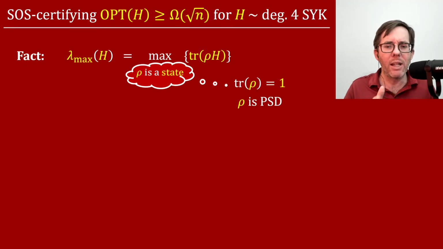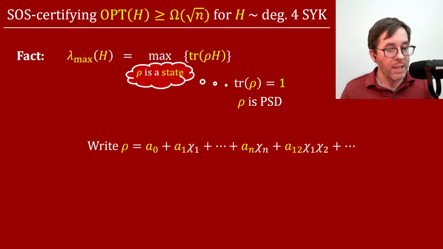By the way, whenever I say trace here, for convenience, I mean normalized trace, the one where you divide by the dimension. Okay, so this is how we can find certificates for largeness of the eigenvalues of h by finding these state matrices. Now, one way to express a state matrix is actually as a polynomial in the chi matrices. In fact, one can show that products of the chi's form a linear basis for all matrices, and so this method is actually complete, if you will.